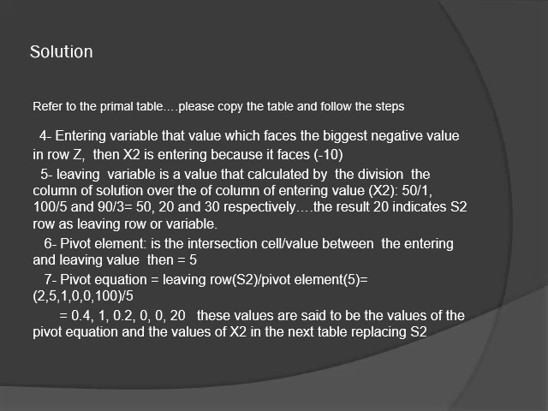It is the value at the intersection between x2 and s2, and it equals 5. If we go back to the primal table, the pivot element is the intersection value or cell between the entering and leaving variable, then equal 5.